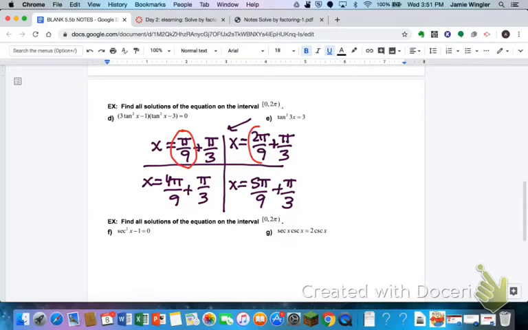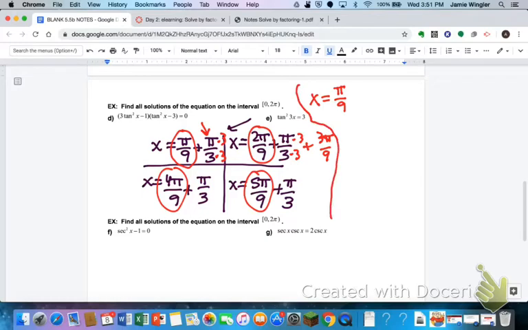We had these 4 answers, but now you have to make a list of all of your answers. I'm going to start with pi over 9, but then I have to add pi over 3 to it, which means I need to get a common denominator. So I'm really adding 3 pi over 9 to all of these. So if I add 3/9 pi to 1/9 pi, that gives me 4/9 pi, which I already knew was one of my answers.